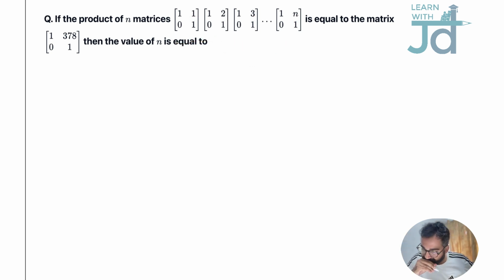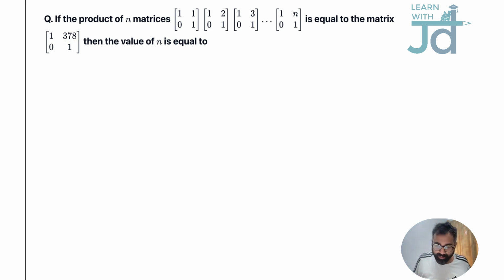So that's also verified. Now they are saying that इसकी product is going to be equal to this. And it's quite obvious कि ये जो element है, since it's not changing and it's 1 and 0, simply finally answer में भी ये वही आने वाला है.